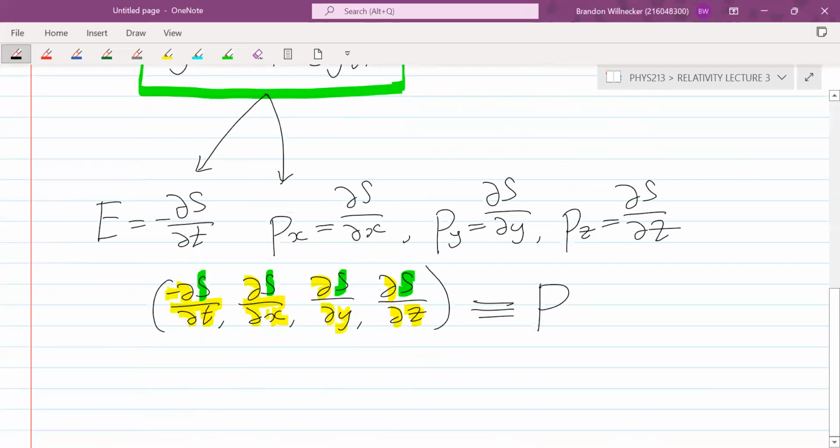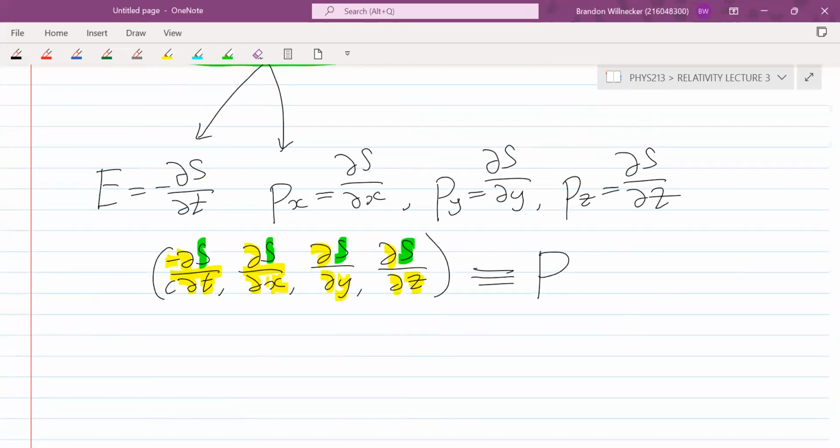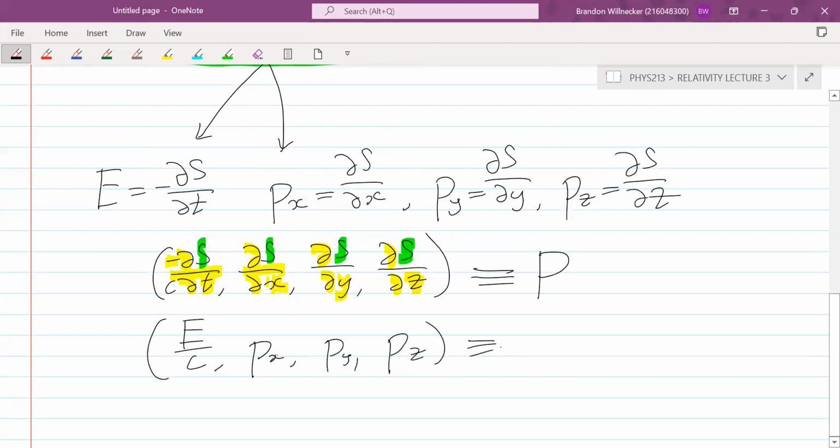Of course, we need to divide by c to make sure all of the units are correct. We want all spatial units, so we divide by c. This gives us the reason why the first term is the energy: it's derived from the action and its derivatives. So we get here E over c, Px, Py, Pz, and that's our 4 momentum P.